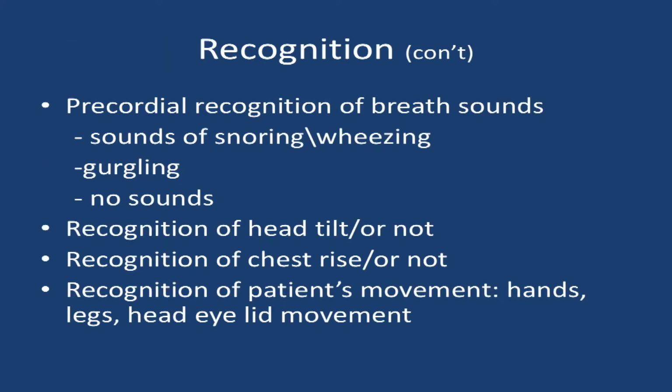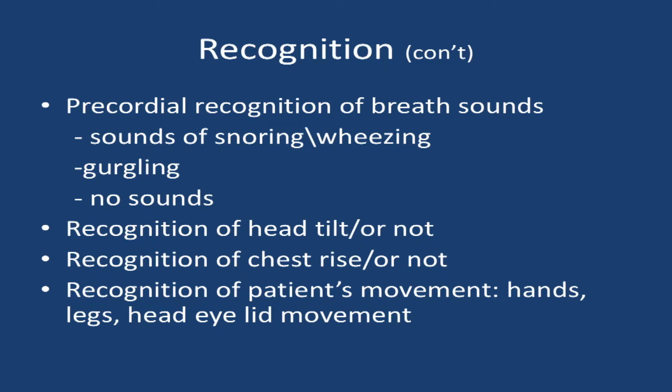Precordial recognition of breath sounds. Having a precordial stethoscope in the notch of the throat is an important way to listen to breath sounds. The sound of snoring or wheezing indicates you need to change position of the patient's head, maybe elevating the chin lift.